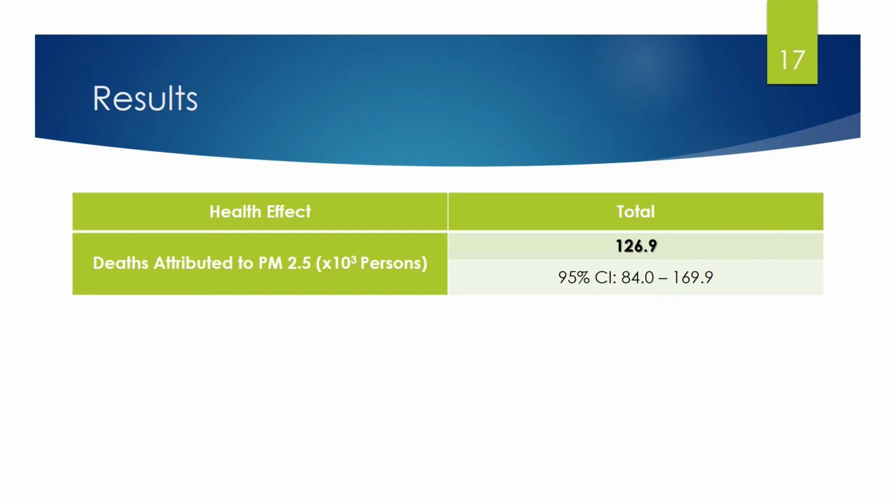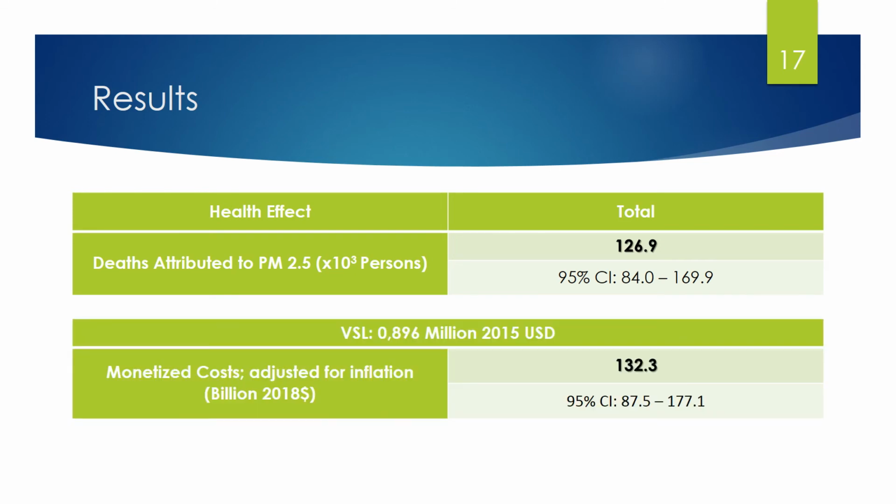The 95% confidence interval is between 84,000 and 170,000. In addition, the monetized cost, which is based on the VSL multiplied by these lives lost, after adjusting for inflation, would be 132 billion 2018 US dollars.